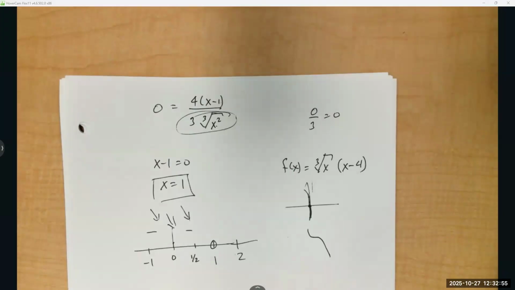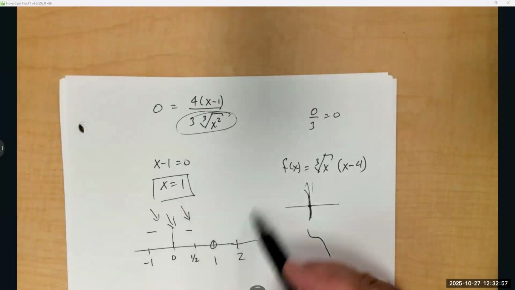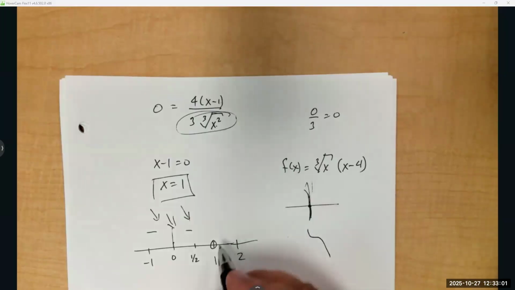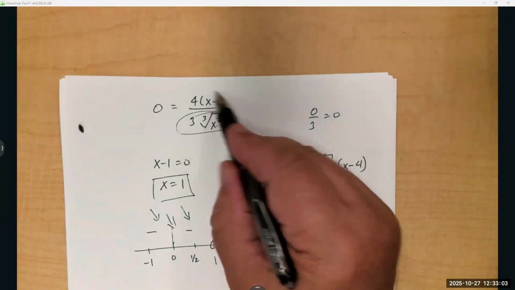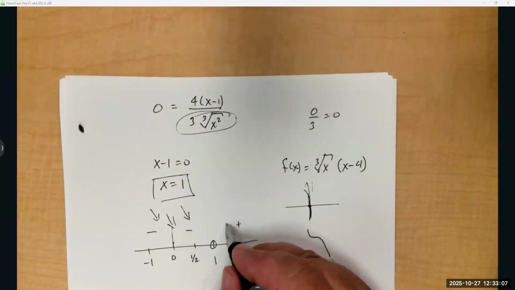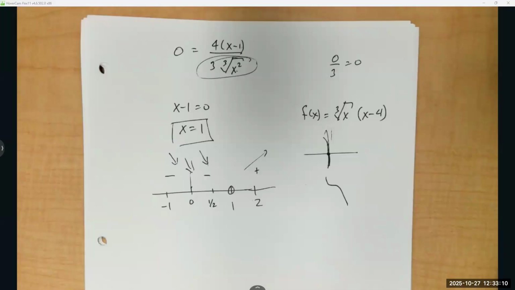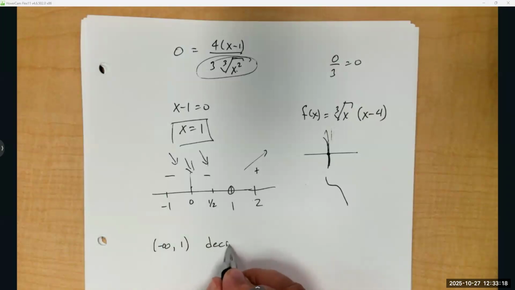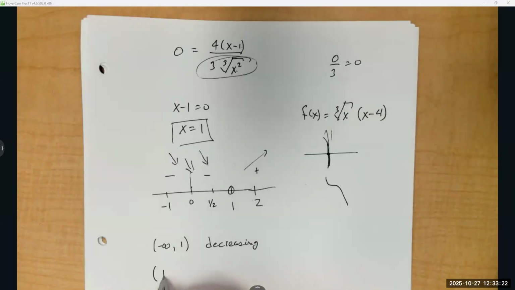You would think that if this is decreasing, this has to be increasing, but it's not always the case. So at positive 2, remember, the only thing we look at is the numerator. 2 minus 1 is positive, so it's increasing. So from negative infinity to 1, it's decreasing. And then from 1 to infinity, it's increasing.